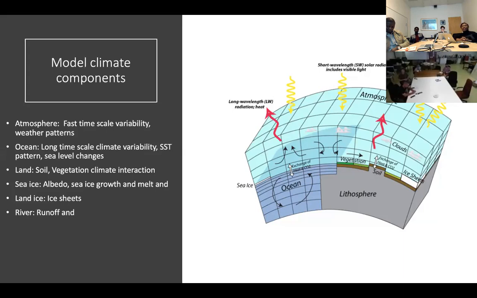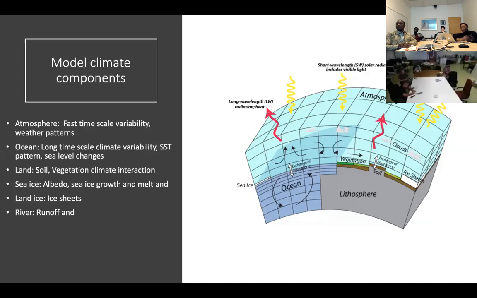We're trying to understand how much that loss of sea ice affects the net albedo of the system, and how much heat can be taken up by the Earth system as a result. Sea ice also interacts with the ocean model, because the change from liquid to solid comes from the ocean, basically.